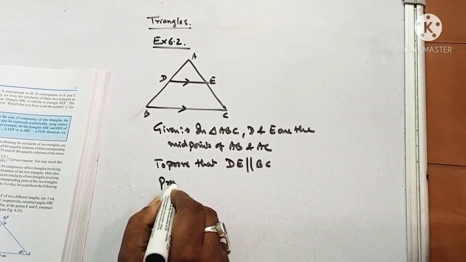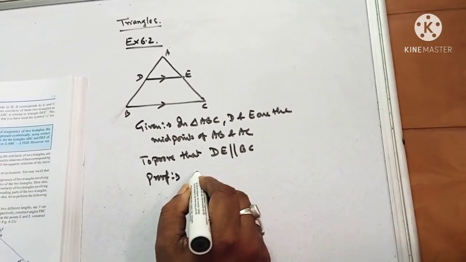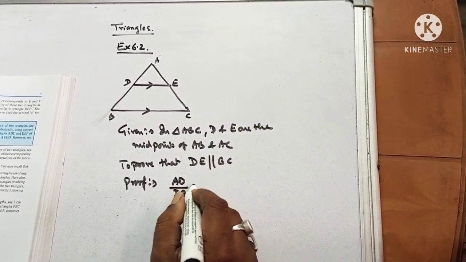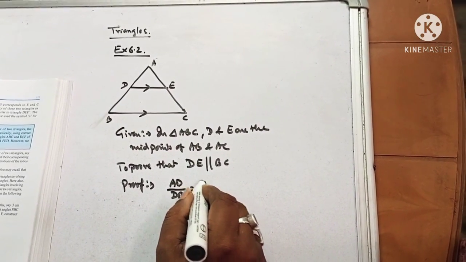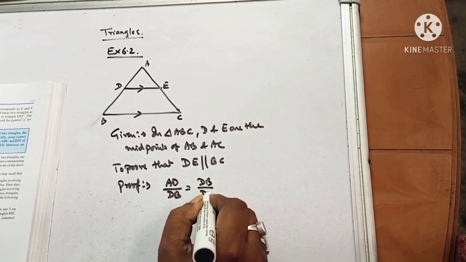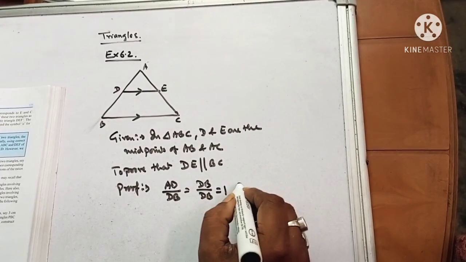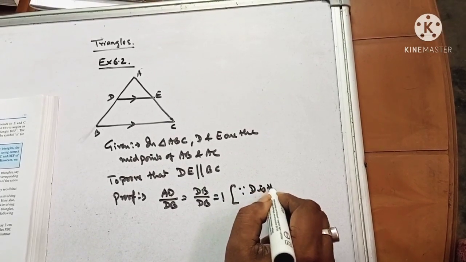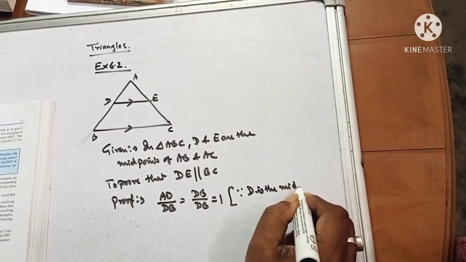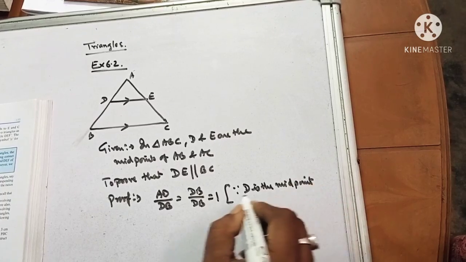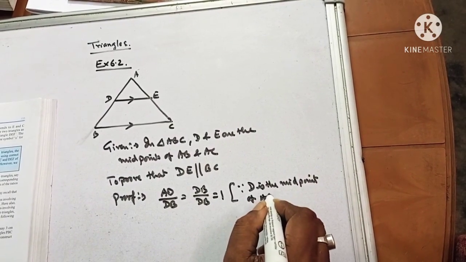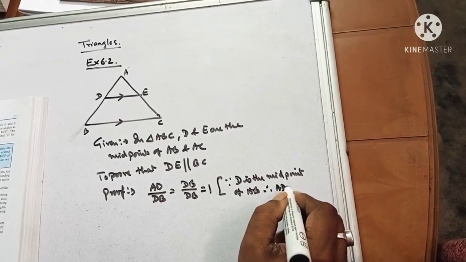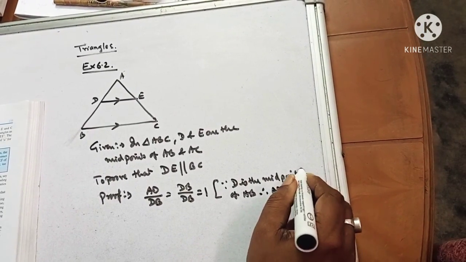Now proof. Your AD by DB is equal to DB by DB equal to 1, since D is the midpoint of AB, therefore your AD is equal to DB.